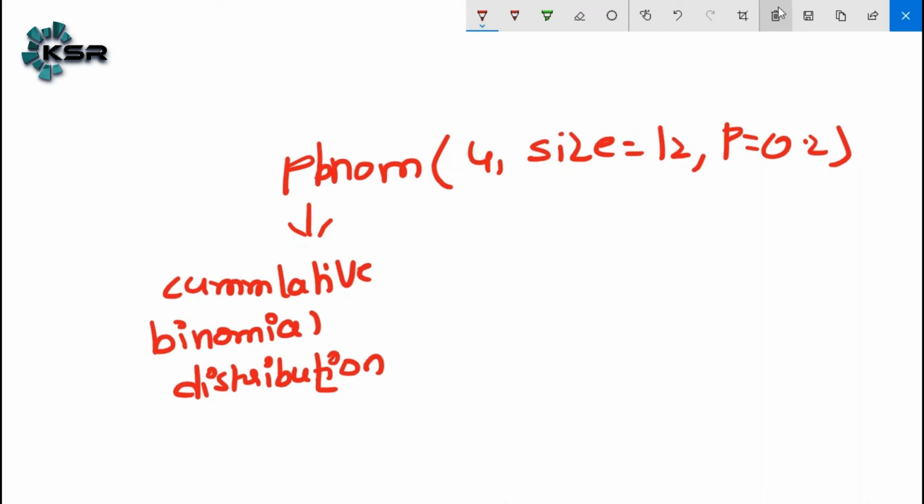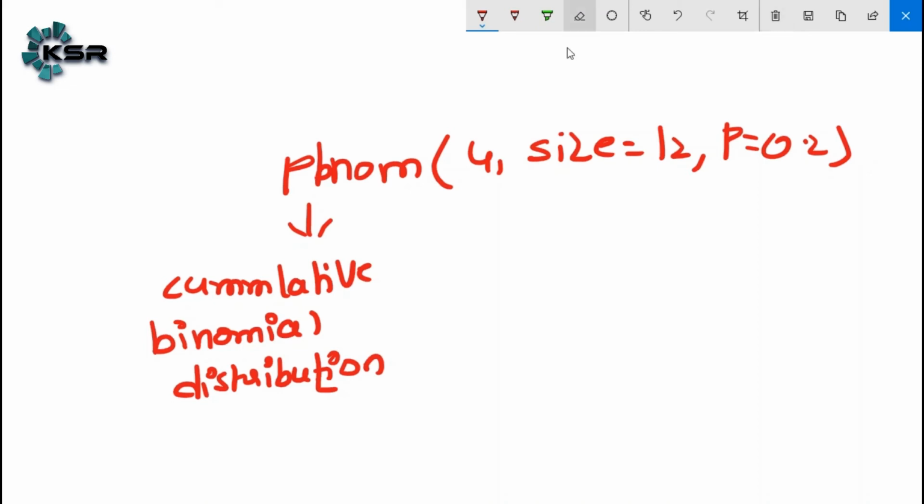P binom will take cumulative values, just adding up. For example, here we have mentioned 4, so it will take the values from 4 to 0. For example, if we mention 90, it takes 90, 89, 88, 87, 86, 85, 84, 83, 82, 81, 80, and so on, and 0 will be the last one.